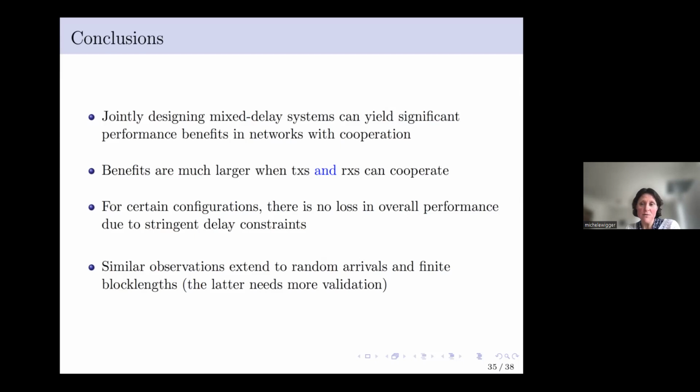Similar observations were also made for the random arrival model and for finite block length, but certainly the finite block length case needs more investigation.